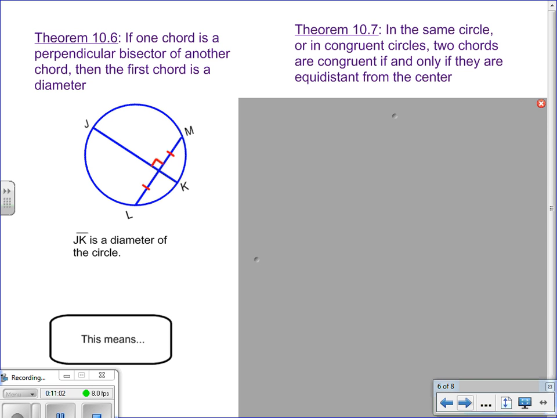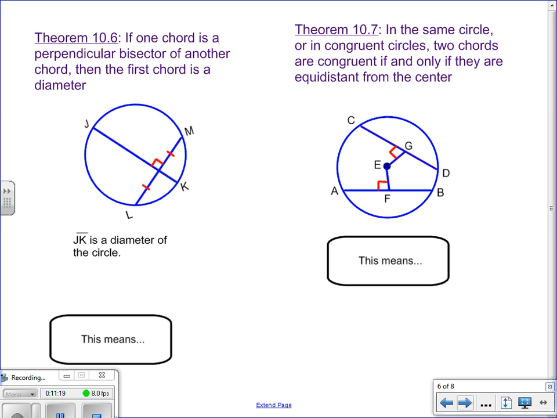Okay. And then 10-7. 10-7 says in the same circle or in congruent circles, if two chords are congruent, then they're equidistant from the center, and that's going to work backwards as well because it's an if and only if. Here's that picture. We have CD and AB.